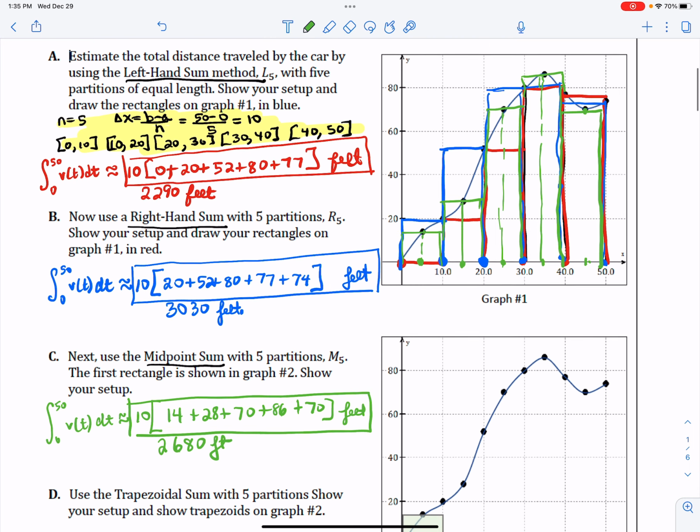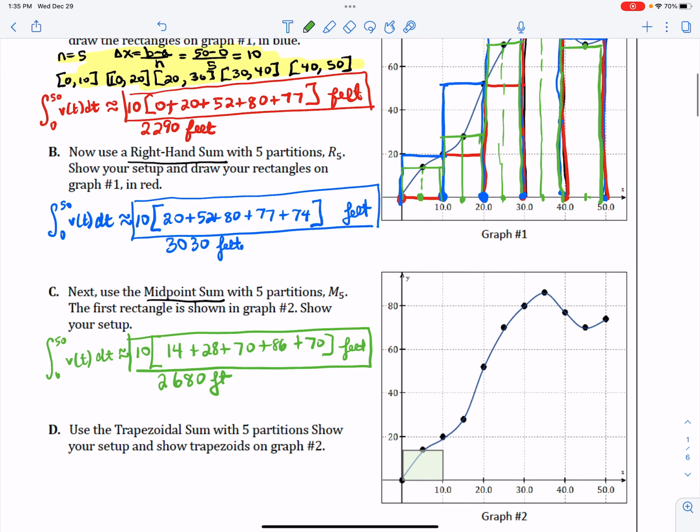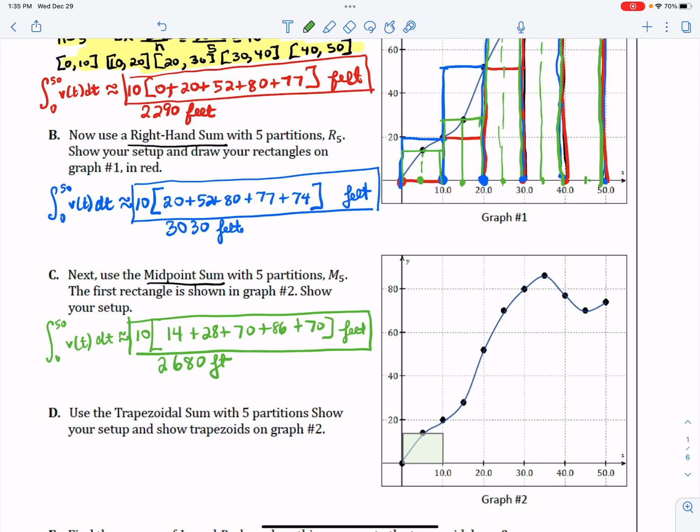All right, now trapezoidal sum is exactly what you would think. We slice up the region the same way from 0 to 10, 10 to 20, 20 to 30, 30 to 40, 40 to 50, and what we do is we form these trapezoids.